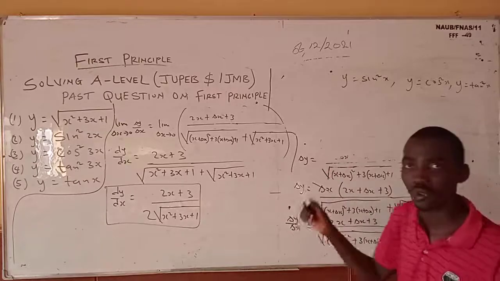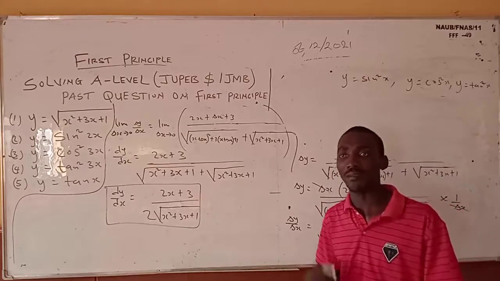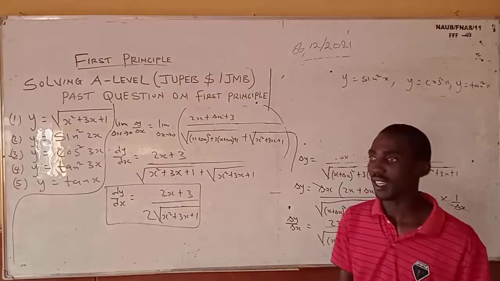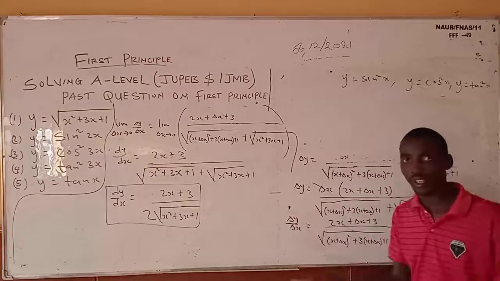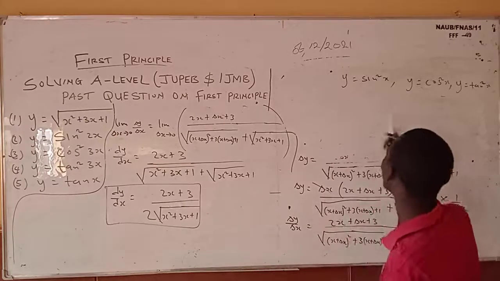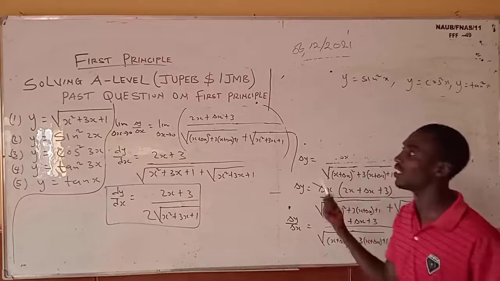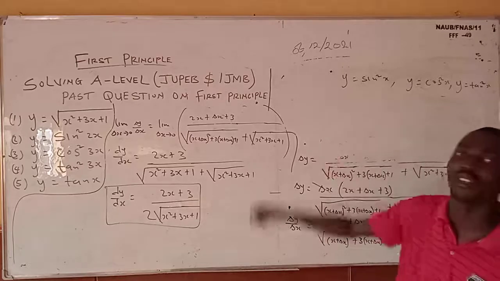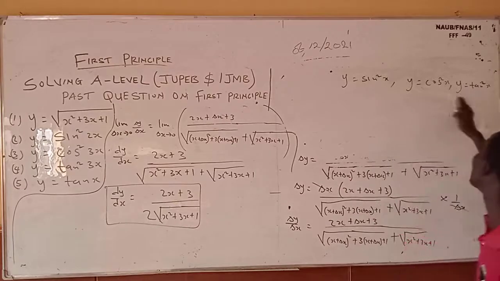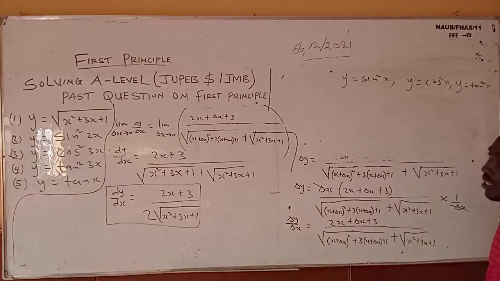When you solve, you can snap and post it on the comment section. I'm going to go through it so that if it is correct, I'm going to comment. Do you understand? And if you want me to solve them, I can still solve them. I just see it as a repetition of what I've already done before. So please go through my video on all this, you will get it.